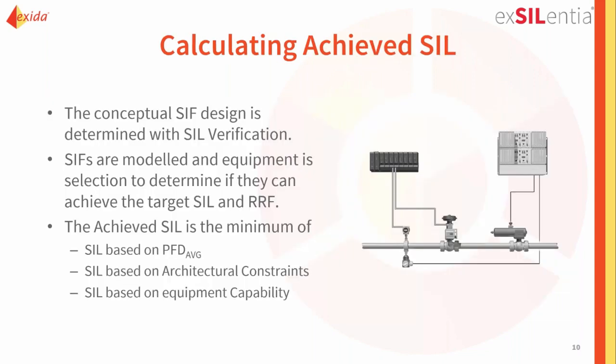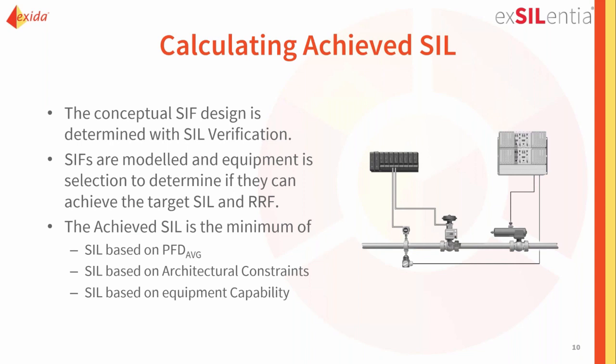So when we talk about the SIL verification, and when we talk about calculating what my achieved safety integrity level is, there are 3 different SIL levels that we need to take into consideration. There's a SIL level based on the average probability of failure on demand. There's a SIL level based on architecture constraints or minimum hardware fault tolerance.